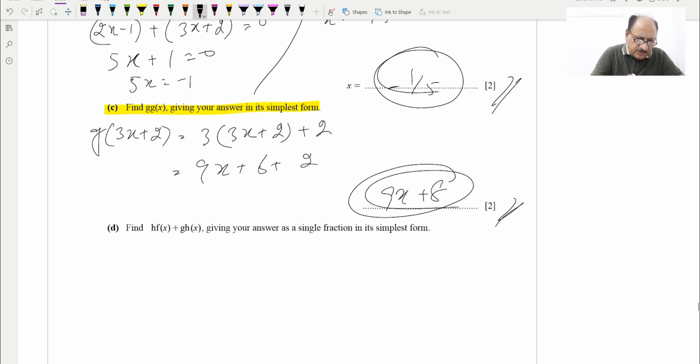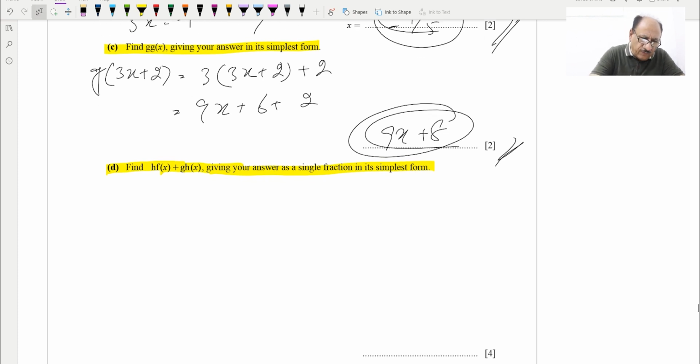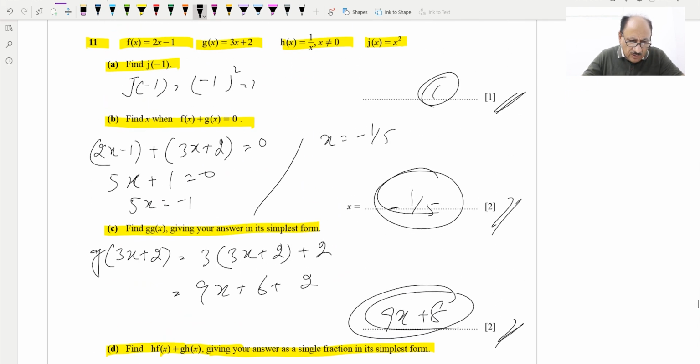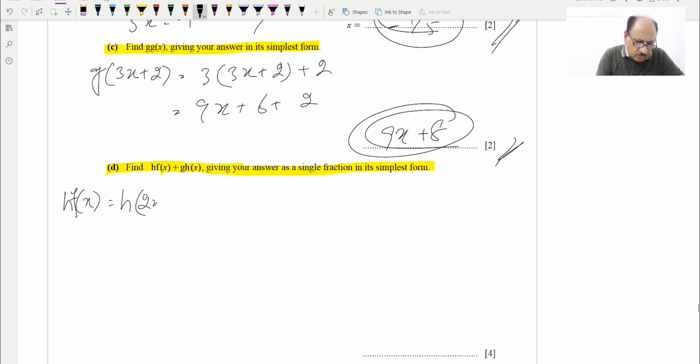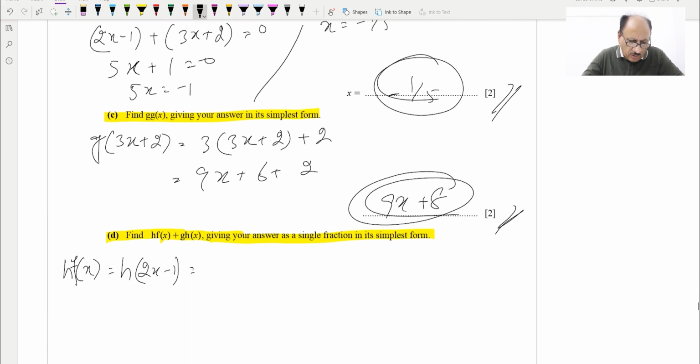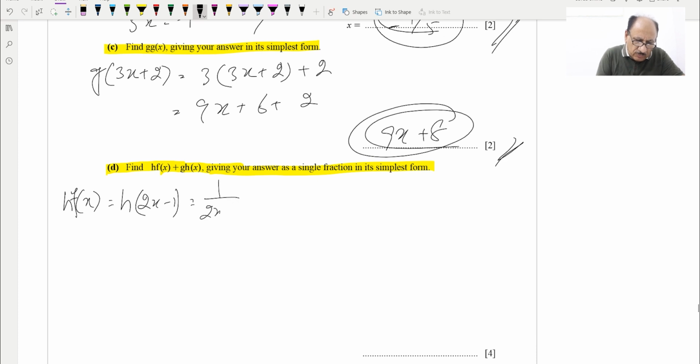Now part D says find h of f of x plus g of h of x. You need to add these two and give your answer as a single fraction in simplest form. So first we take h of f of x. h of f of x will be equal to what? f of x is 2x minus 1, and h of x is 1 over x. So we write 1 over 2x minus 1.